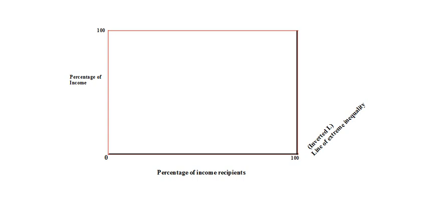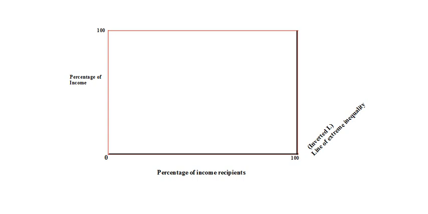So this is showing a situation where there is extreme inequality. That means one person is getting all the national income. So 100% of the national income is in the hands of one person. This is the situation depicted by line of extreme inequality, or what you know as inverted L-shaped Lorenz curve.